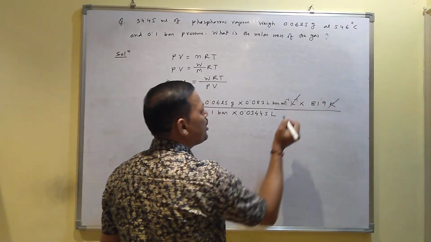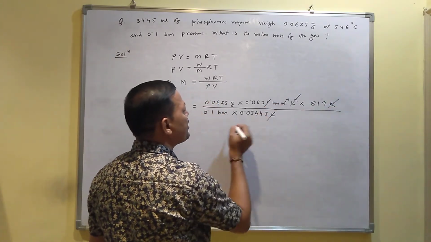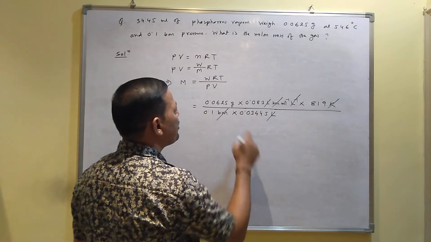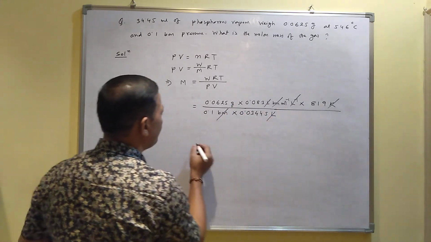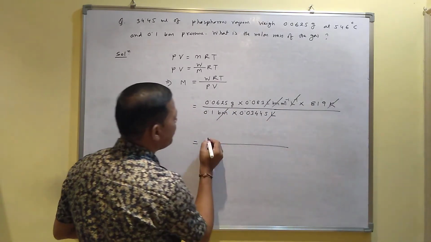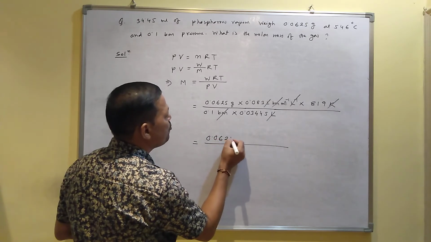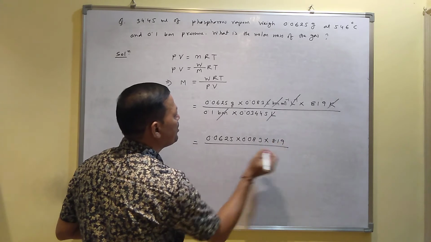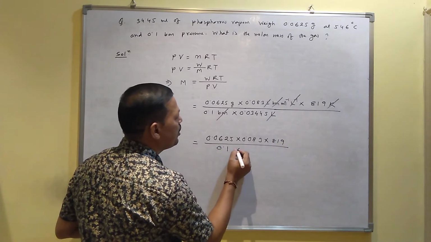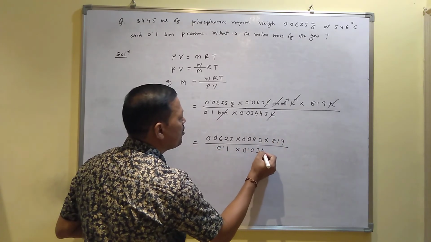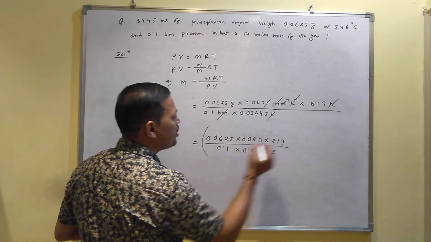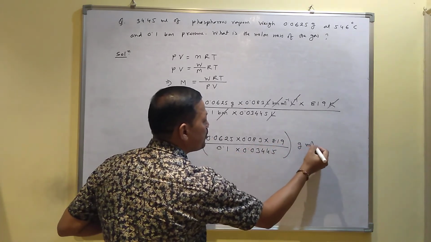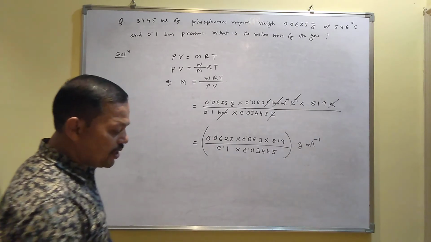Kelvin inverse cancels, liter cancels, bar cancels, and the unit remaining is gram per mole. So 0.0625 into 0.083 into 819 divided by 0.1 into 0.03445, and the unit goes to gram per mole, which is the unit of molar mass.